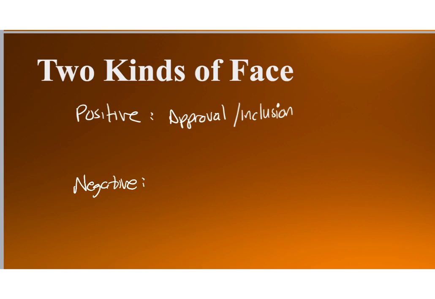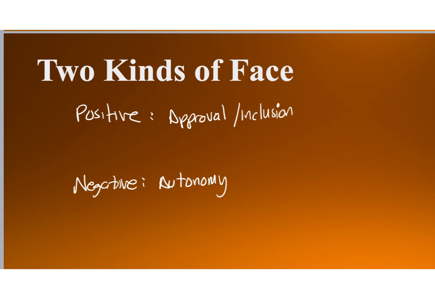So negative face has to do with the protection of autonomy, with not imposing on people's autonomy. When you ask someone for a favor, for example, asking a friend to help you move, it can be a negative face threat because it infringes upon their autonomy for whatever day and time you need them.